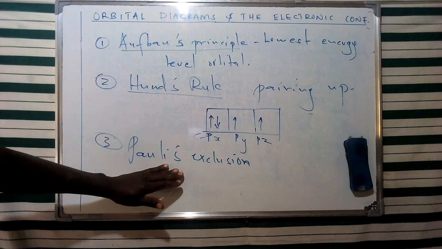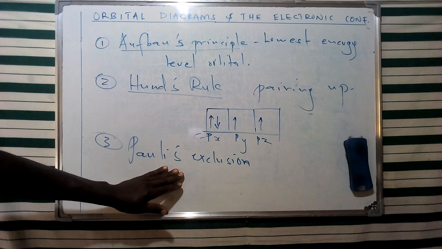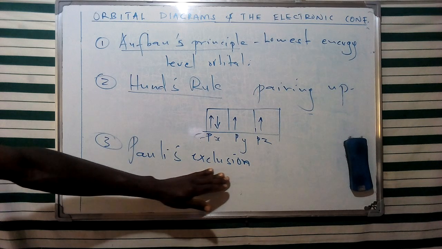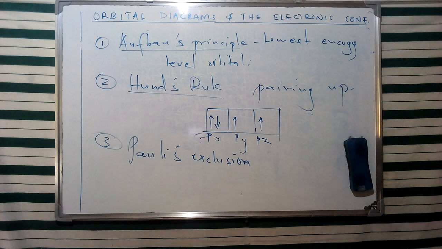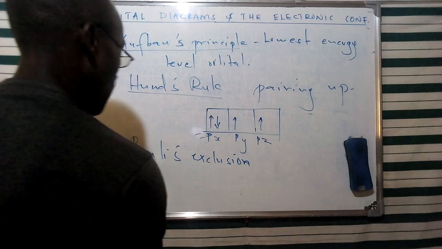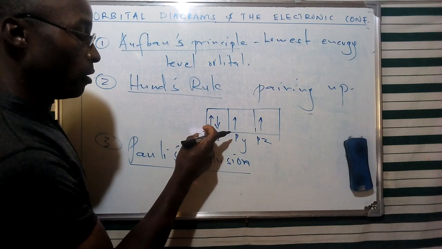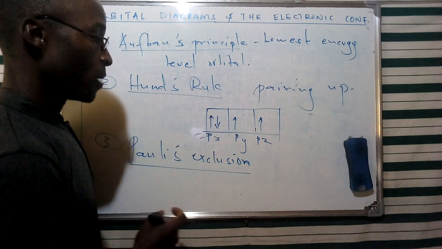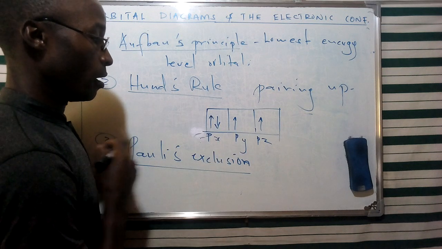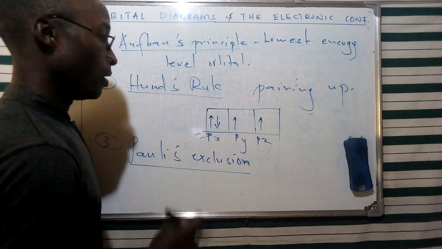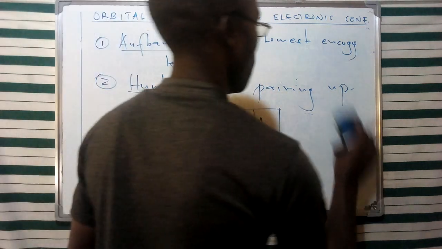The Pauli's exclusion principle dictates the maximum number of electrons that can be contained in these orbitals, and it emphasizes the orientation, or what we refer to as the spinning, of these electrons. As you can see from this px orbital, which I've just drawn, this electron is oriented in the upward direction, and the other one, which comes to fill up this orbital, has been drawn downward. This is referred to as opposite spin.